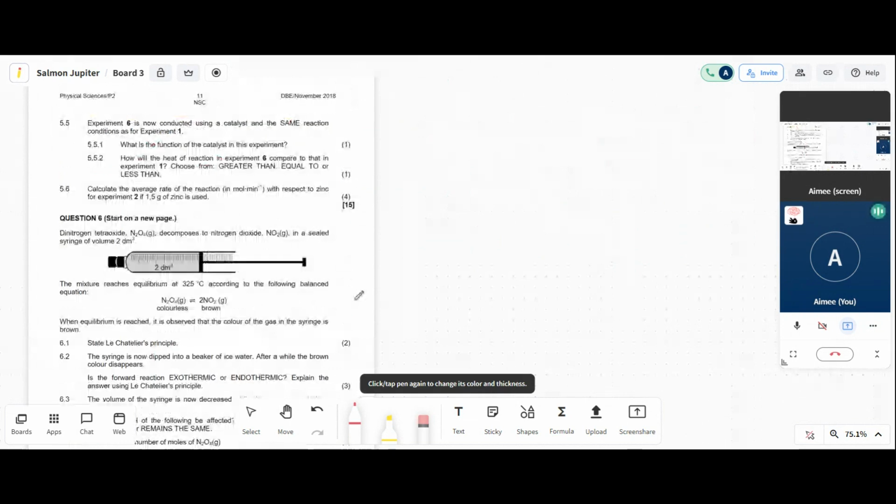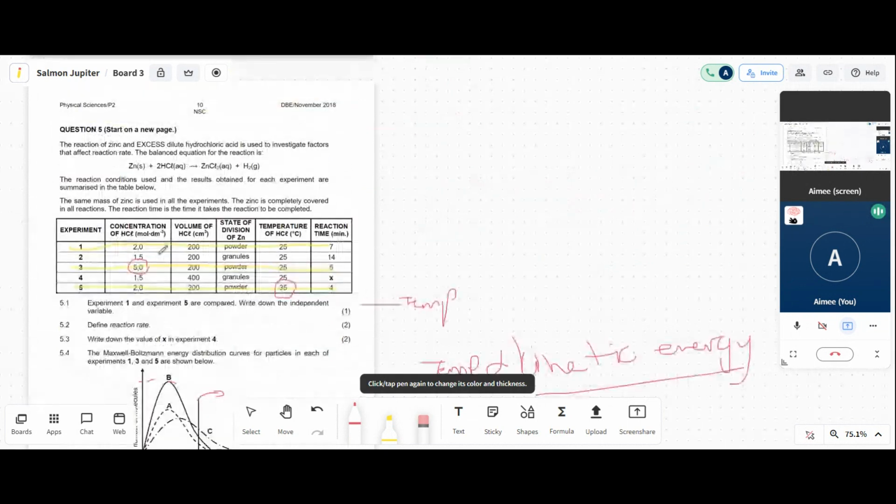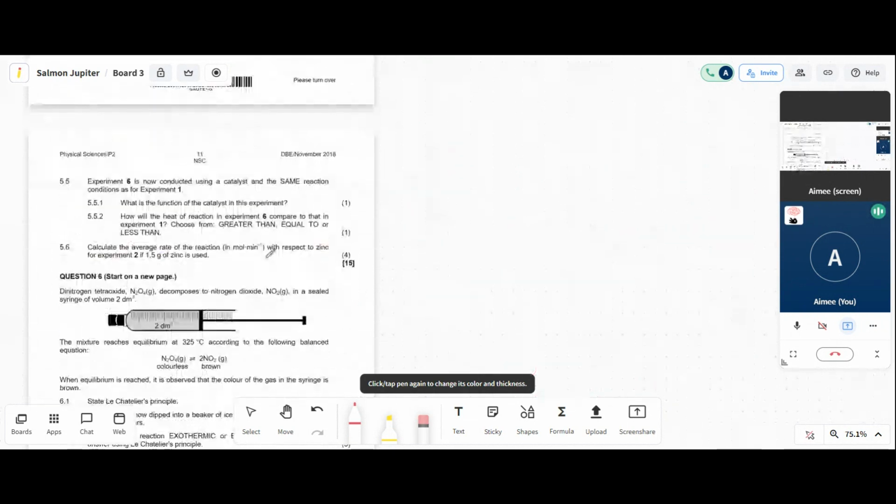5.5.1, a sixth experiment is now conducted using a catalyst and the same reaction conditions as for experiment 1. So it's got a concentration of 2, 200 volume, powder form, 25 degrees Celsius. So everything's the same except for now we are adding a catalyst. And the question is, what is the function of a catalyst in an experiment?